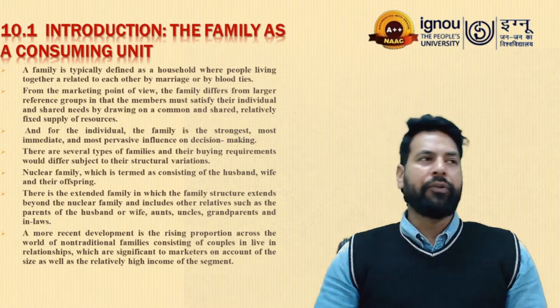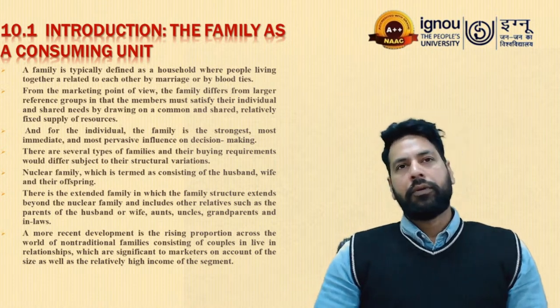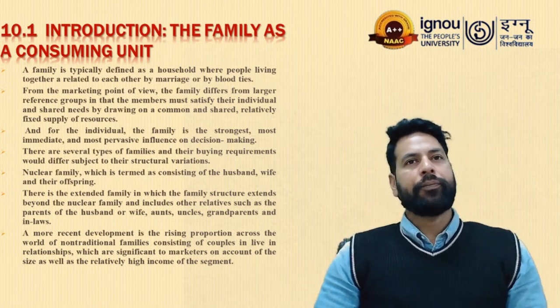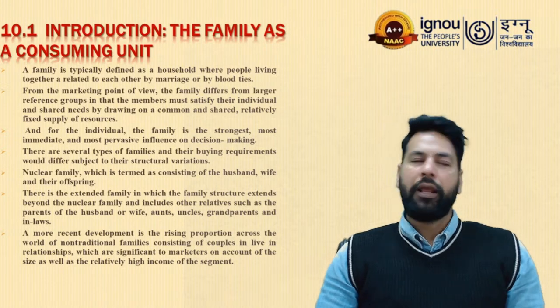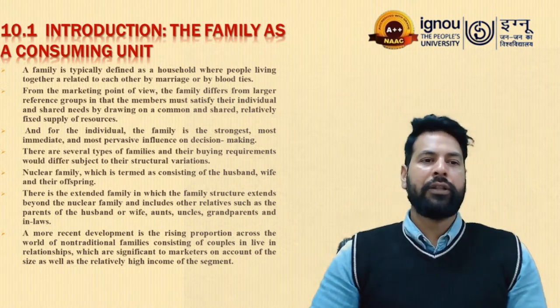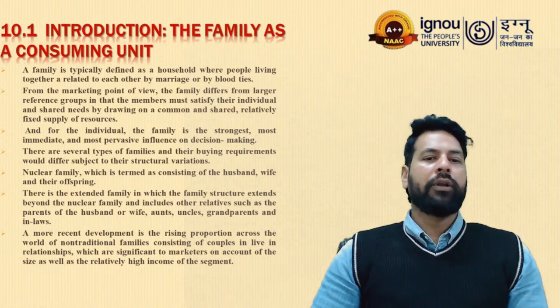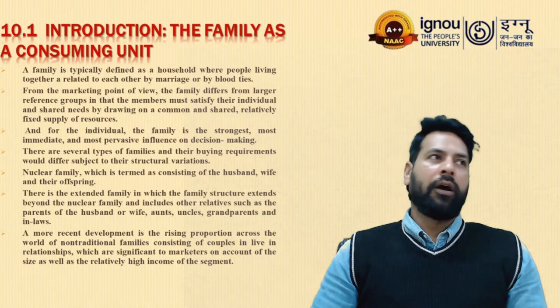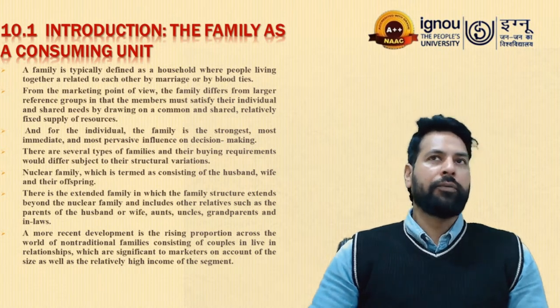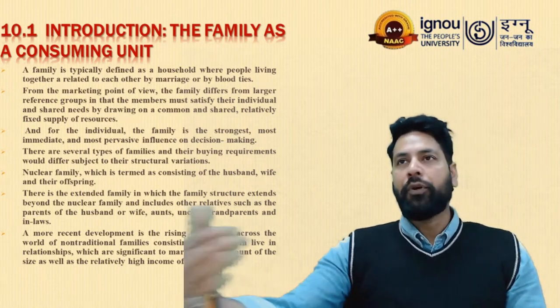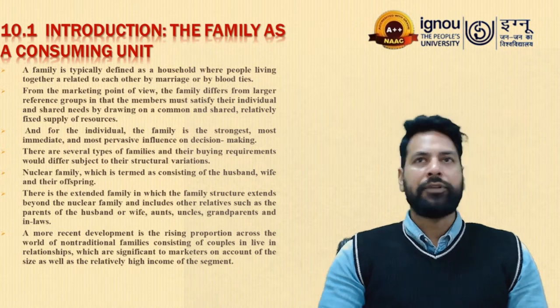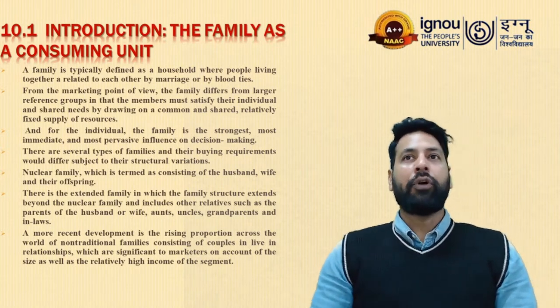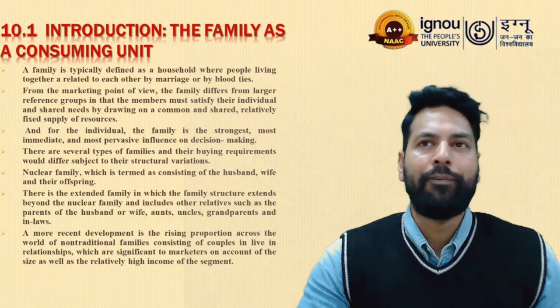There are different kinds of family: nuclear family, where husband, wife and their children stay; joint family, where people from different generations stay together. If I talk about extended family, maybe I'm married to a girl who comes from a different family. Now that family also becomes a part of our family, and that becomes part of the extended family because of the institution of marriage.